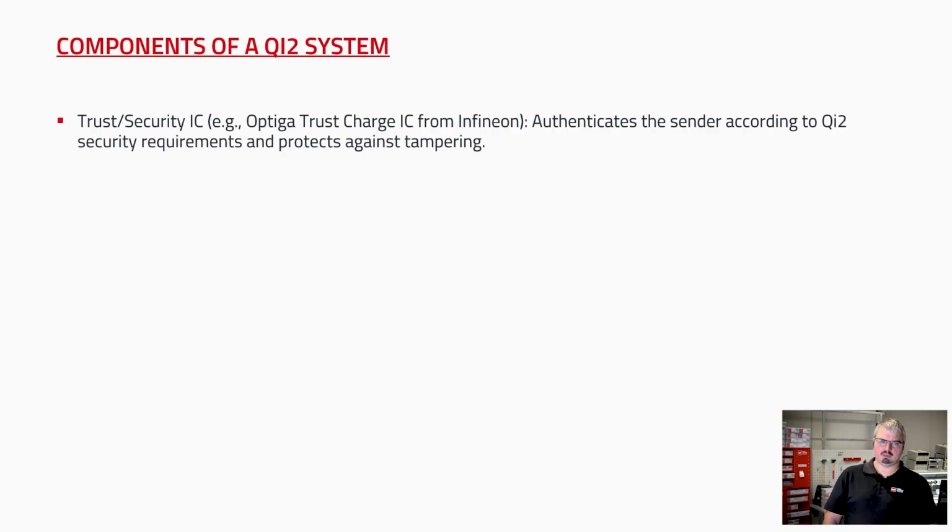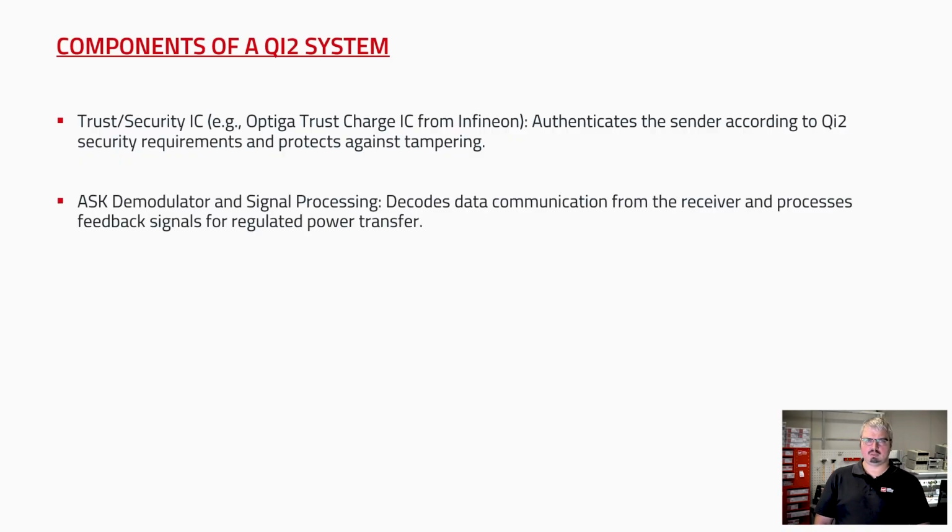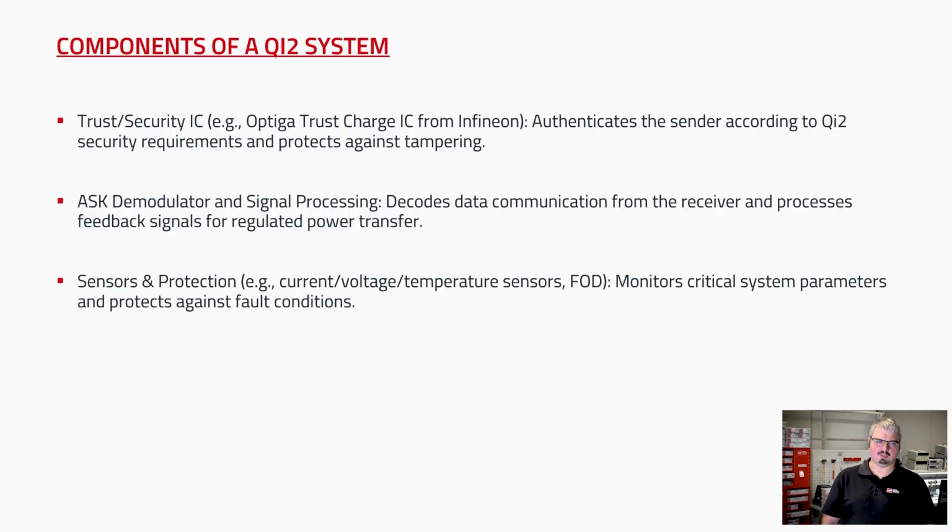For this, we use the OPTIGA Trust Charge from Infineon, which is important for the authentication of the sender according to the Qi2 security requirements, and protects against tampering. Also, an ASK demodulator and signal processing is needed, which decodes the data communication from the receiver and processes feedback signals for the regulated power transfer.